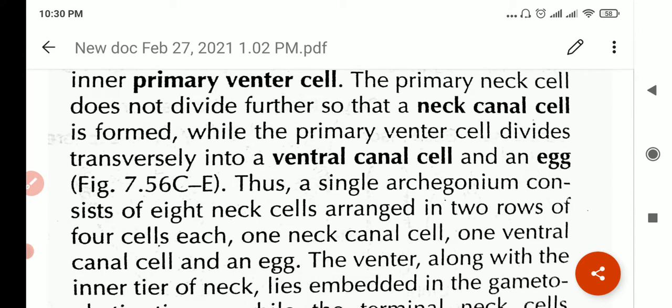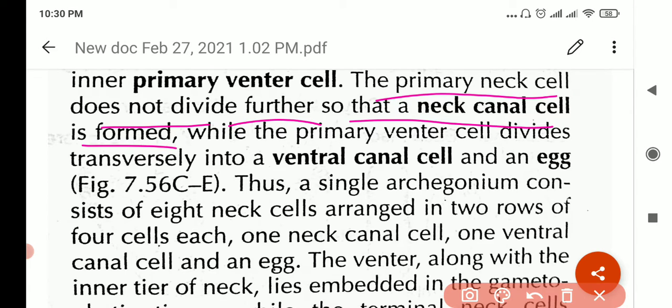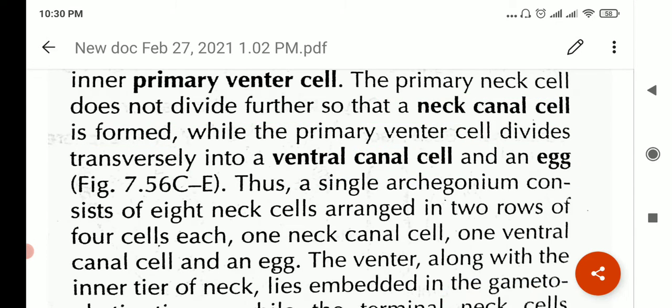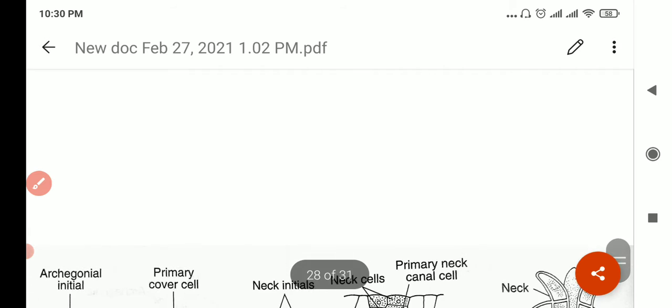Sorry, the primary neck canal cell does not divide further, so a neck canal cell is formed, but the venter cell will divide to form the ventral canal cell and the egg cell. So that is enough from the diagram.